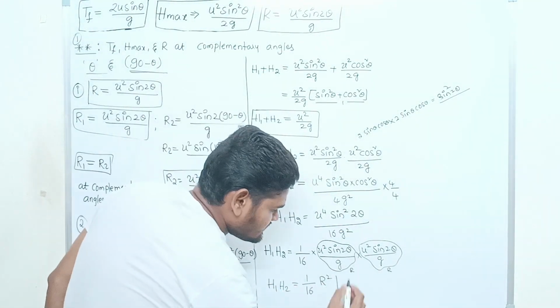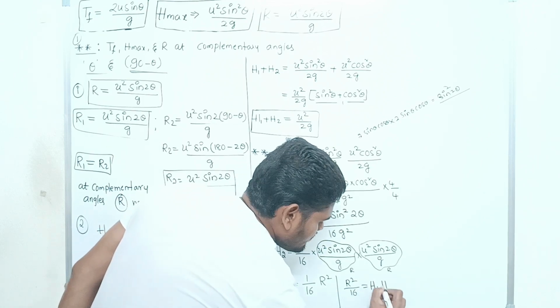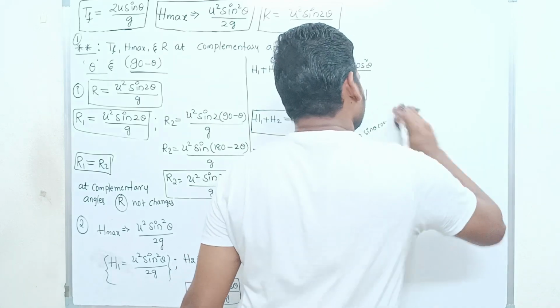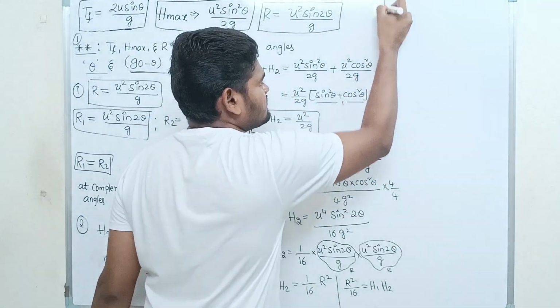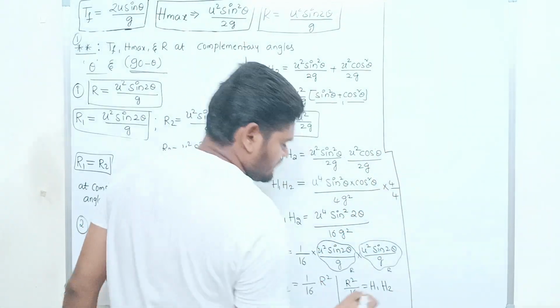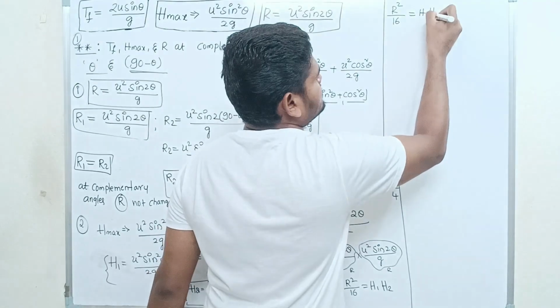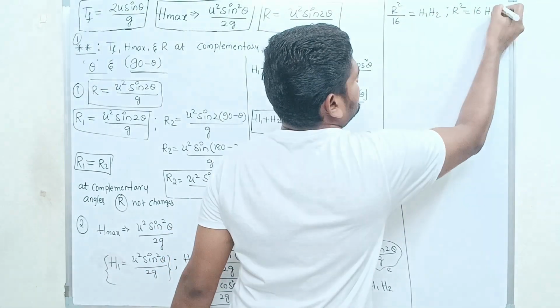So from this we can write R square by 16 is equal to H1 into H2. Then R square is equal to 16 into H1 H2.